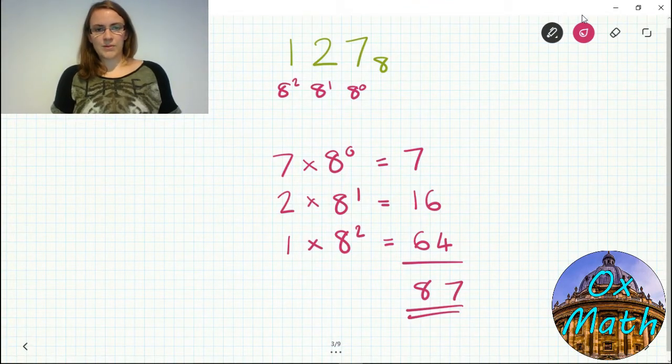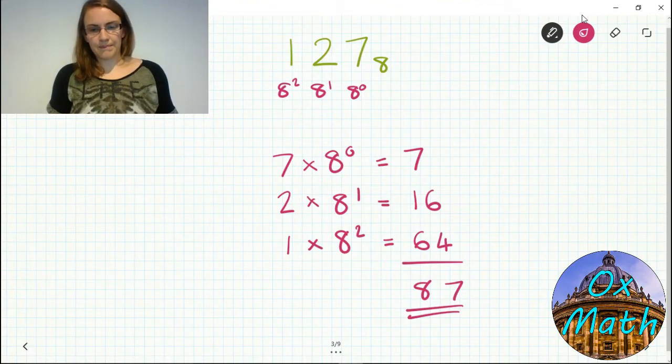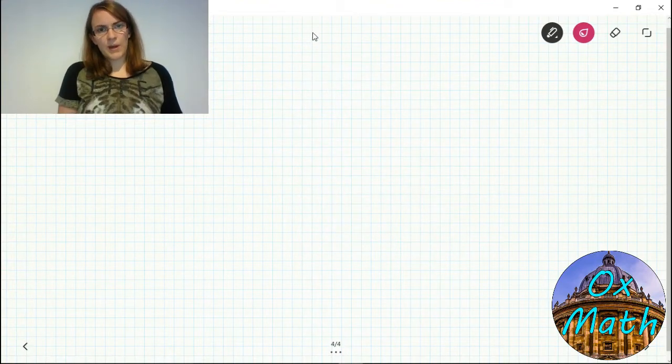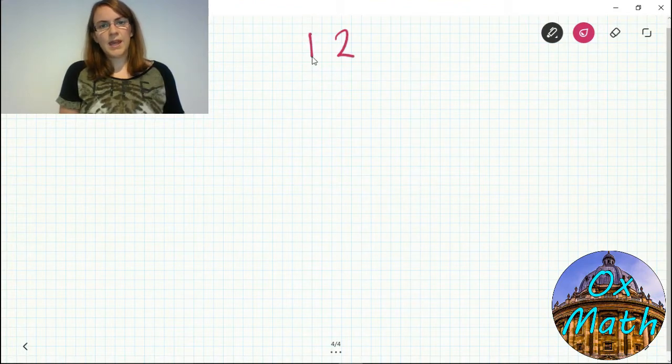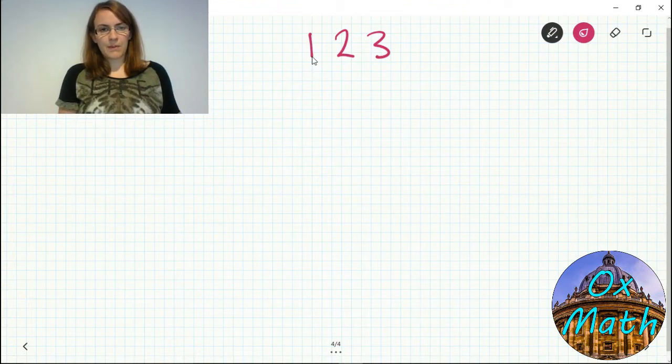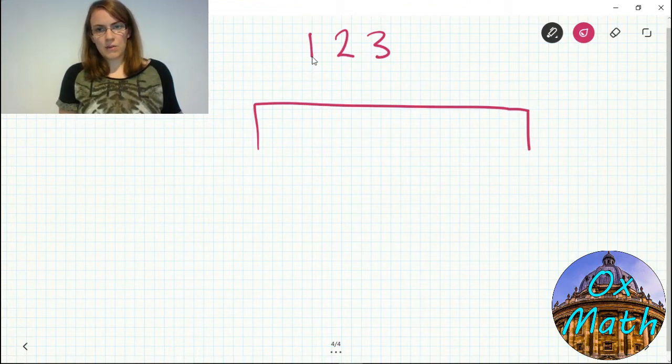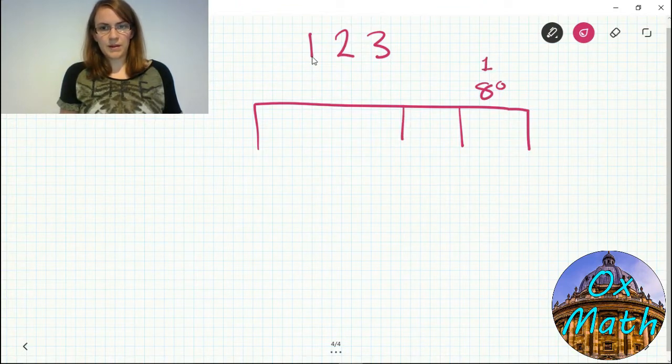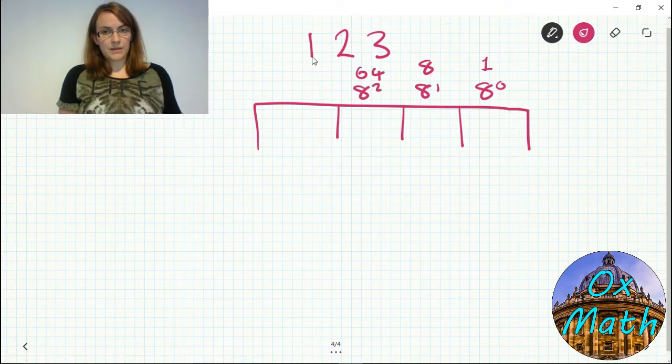So now we know how to go from octal to decimal, but how do we go the other way? If we started with 123 and we wanted to represent that as an octal number, we can think about our column headings. We've got our 8 to the power 0, which is 1, our 8 to the power 1, which of course is 8, our 8 squared, which is 64, and so on.